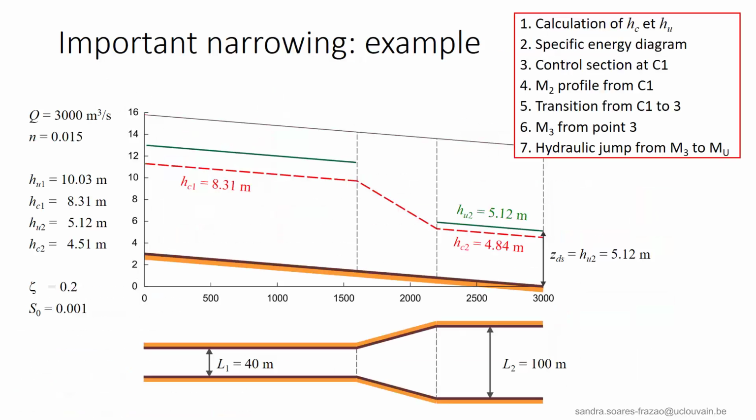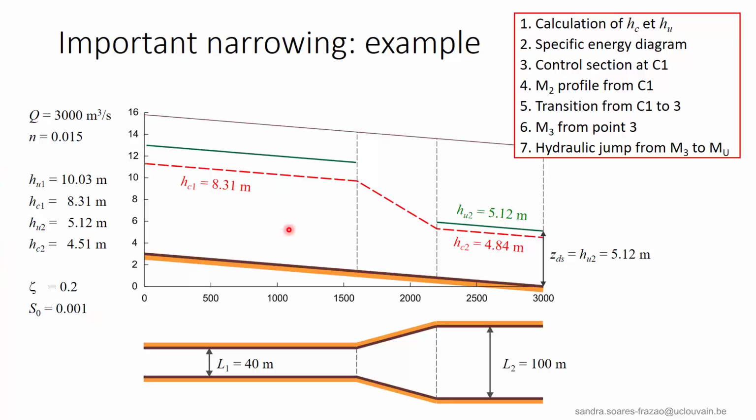Let us apply this procedure to an example. The channel cross-section widens from 40 meter to 100 meter, which is more than the double of the initial width. The discharge Q is 3000 cubic meter per second, and for this value we can calculate the critical and normal depths.